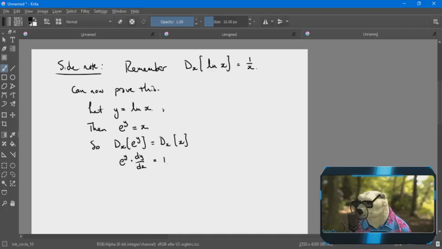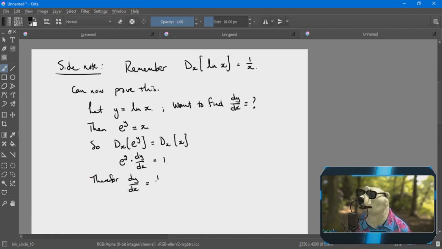Now, my goal here is to find dy/dx, which represents the derivative we're looking for. So I'm going to solve for dy/dx, and that's going to be 1 over e to the y.